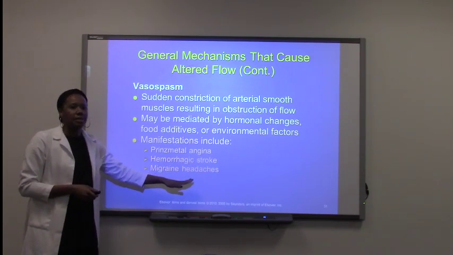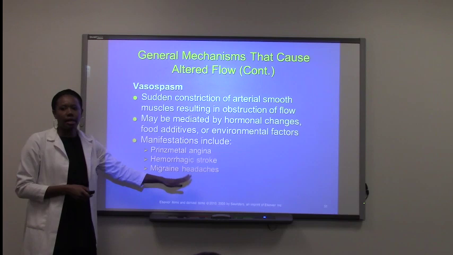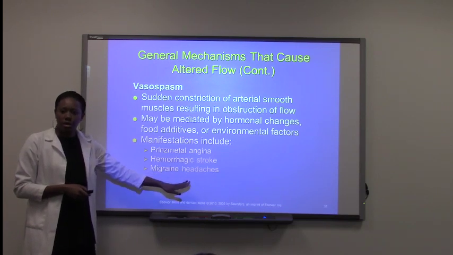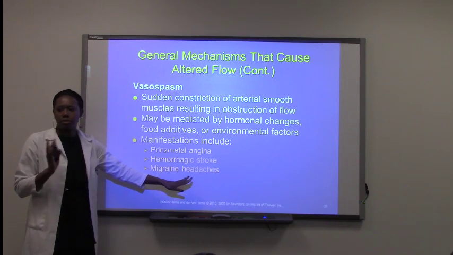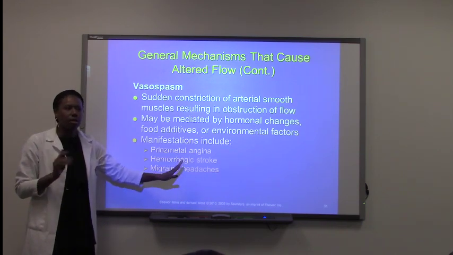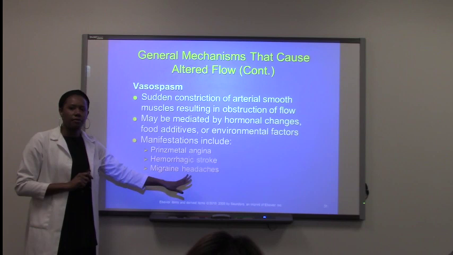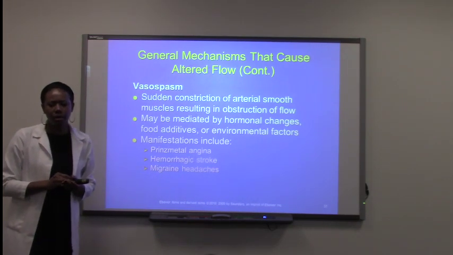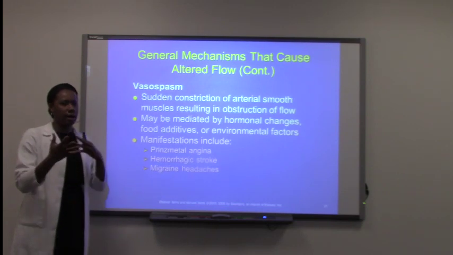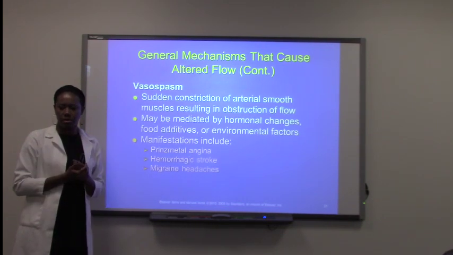Another good example is headaches. Headaches are definitely vascular. Sometimes they have a hormonal component, sometimes a neural component, but headaches definitely have a vascular component, and patients don't know how to take care of that.